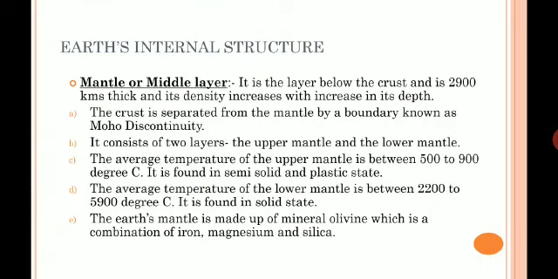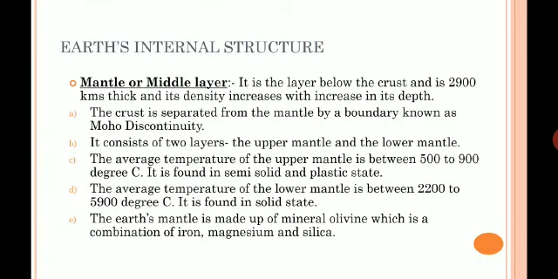The upper mantle has a temperature between 500 to 900 degrees Celsius, and it is found in a semi-solid and plastic state. And the average temperature of the lower mantle is between 2200 to 5900 degrees Celsius, and we can find it in solid state.